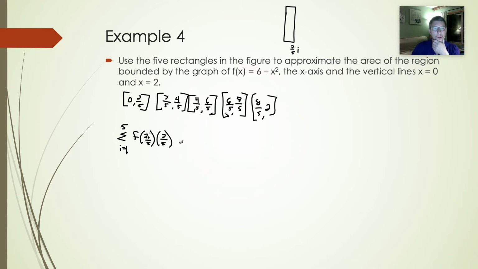Now, I'm going to set this equal to the sum of i equals 1 to 5. And I know that f of 2i over 5 is going to equal 6 minus 2i over 5.